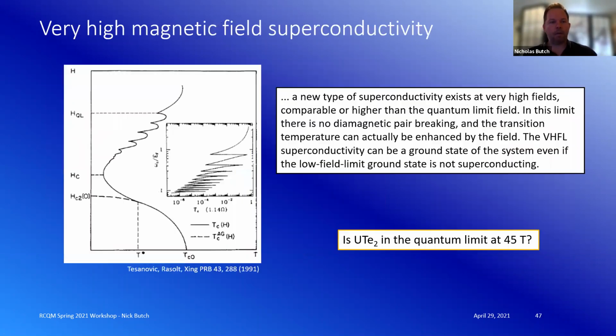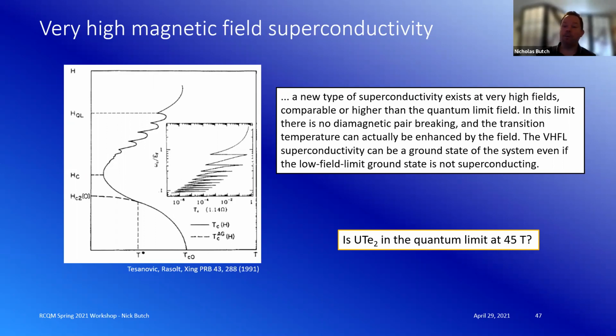So what else could we talk about? I love this paper from Tesanovic, Rasolt, and Tesanovic. This is on very high magnetic field superconductivity, discussing Landau level superconductivity essentially. When you're in the quantum limit, there's no diamagnetic pair breaking, and the transition temperature can actually be enhanced by the field.